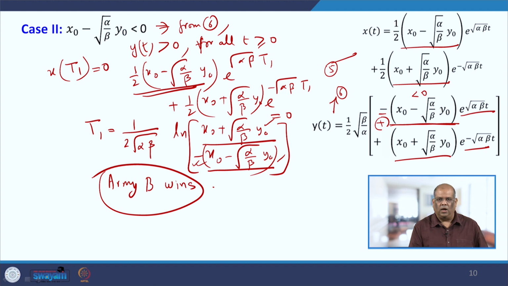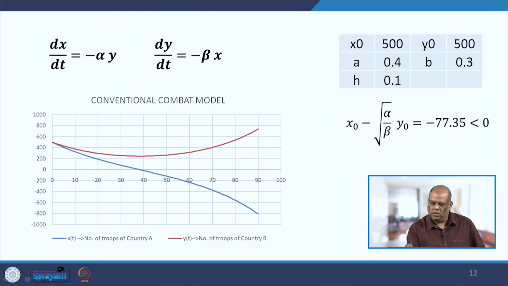And if you see the numerical result, so this is again alpha and this is beta. So, in this particular case again it reaches 0 somewhere at this point.